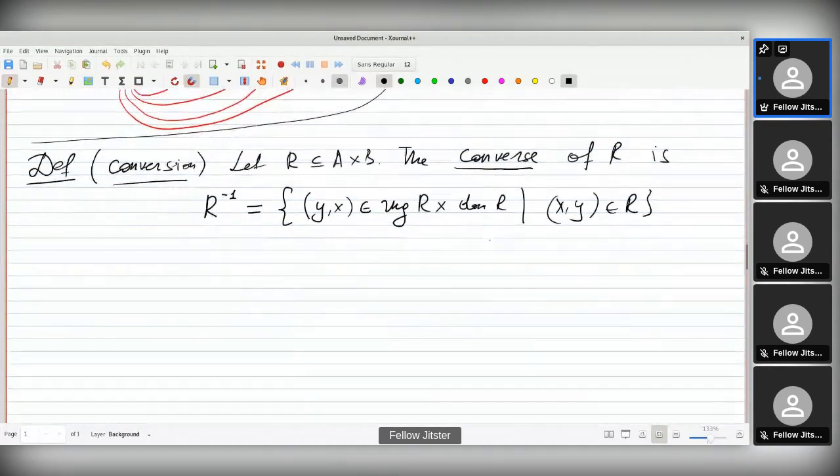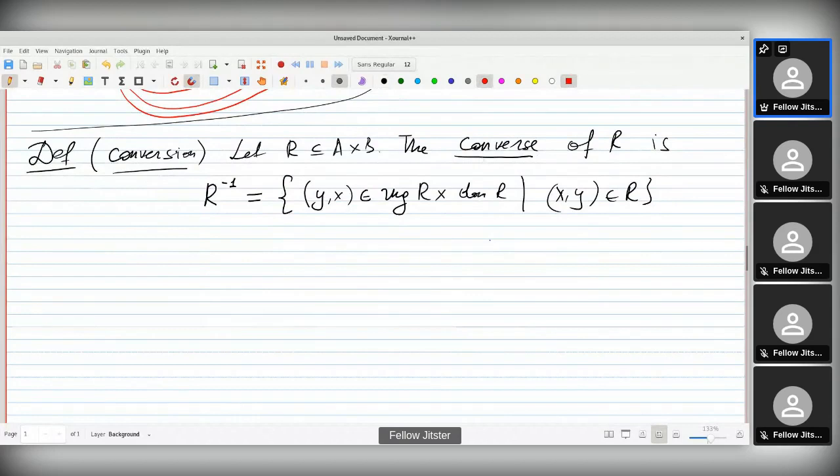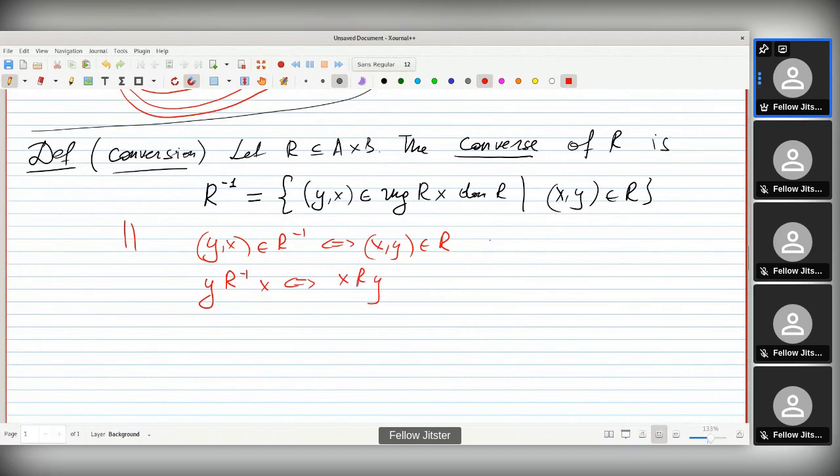So what is it? You can easily rewrite it the following way. Look, yx belongs to the converse relation if and only if xy belongs to R. Or in other symbols, y R converse x is equivalent to x R y. Is this idea clear? Yes.